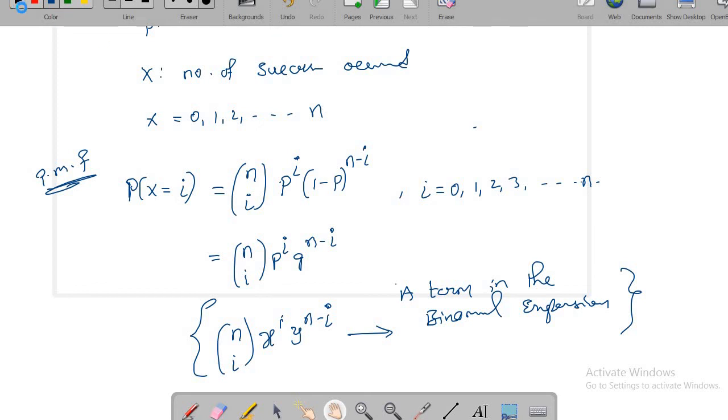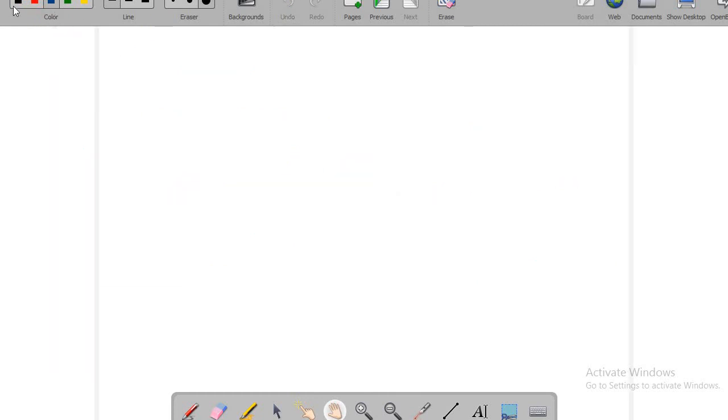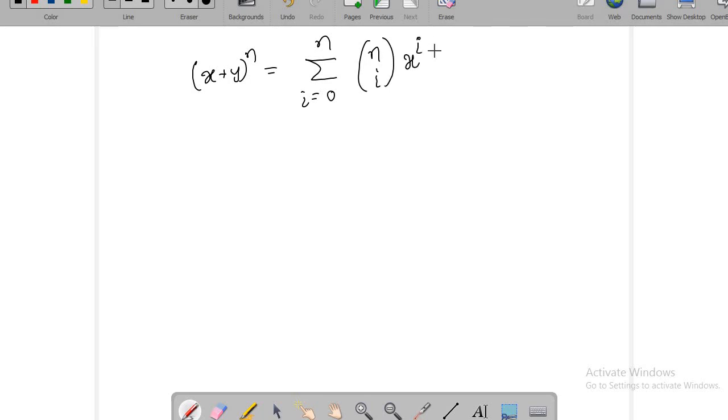The binomial expansion of (x plus y) whole power n: let me write it here. What is the binomial expansion? Summation i equal to 0 to n of n choose i into x power i into y power n minus i. So this is the binomial expansion, right?